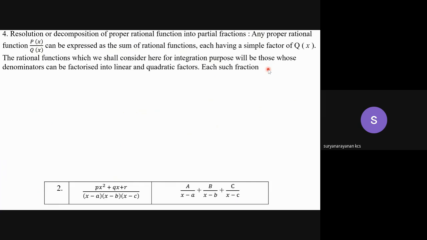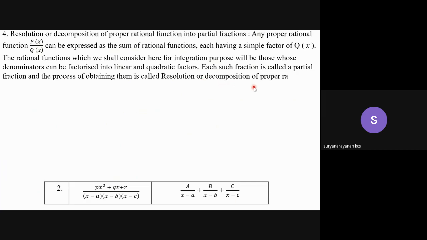In this exercise, the polynomial in the denominator can be expressed as a product of some linear and quadratic factors. Each such fraction is called a partial fraction, and the process of obtaining them is called resolution or decomposition of a proper rational function into partial fractions.